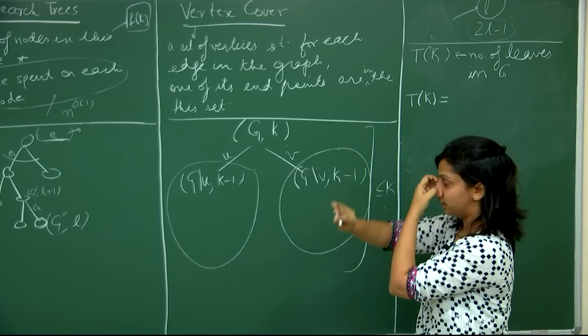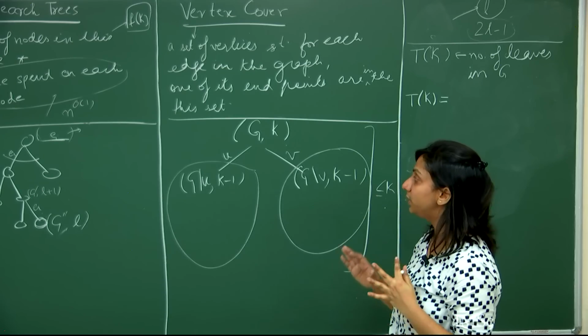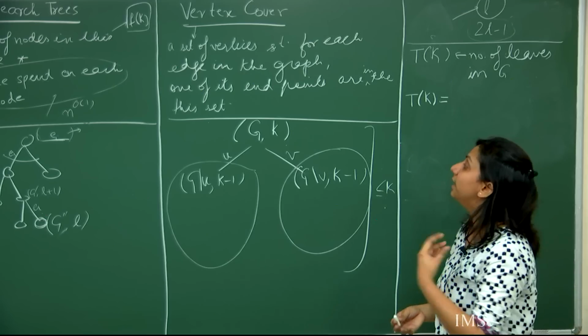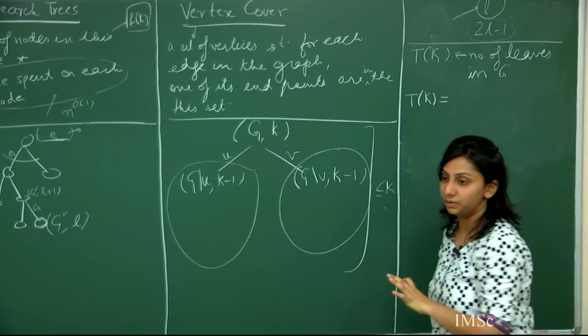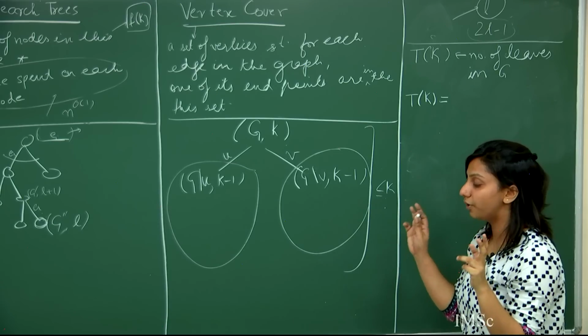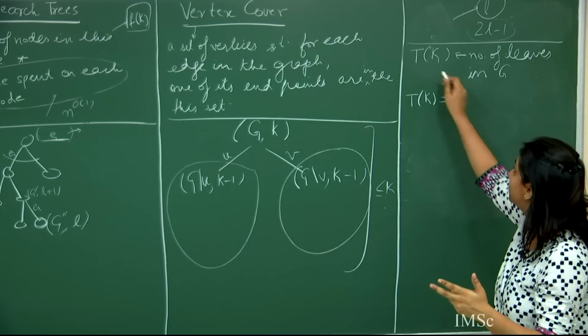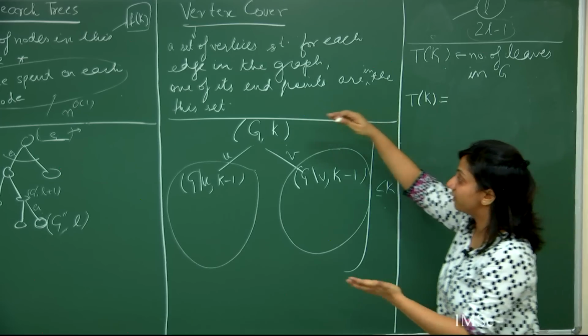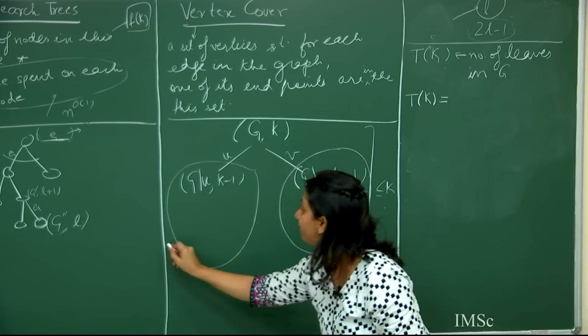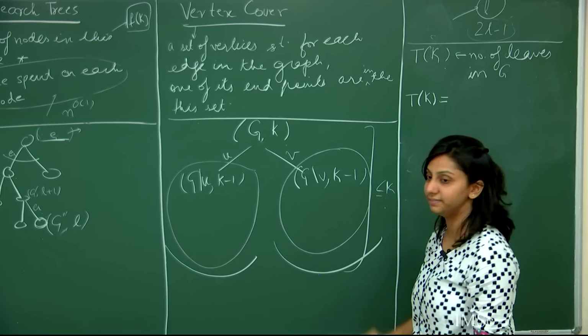Again, I want to compute the total number of leaves in this whole branching tree, and this is the root of the branching tree. So Tk, the number of leaves in this branching tree, is equal to the number of leaves here plus the number of leaves here.